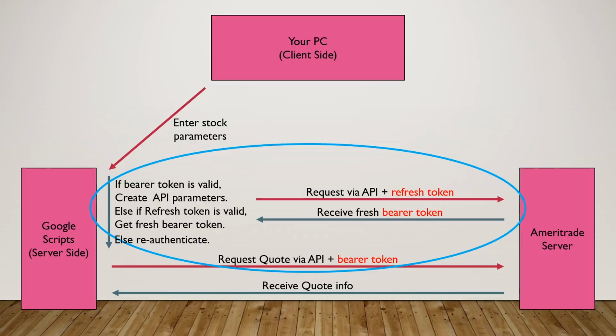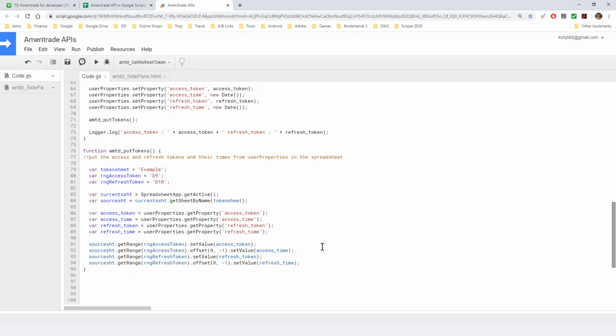All right. So we're back in the code, and I just thought I'd put a comment here too. This is actually for debugging, right? So when we display the bearer token and access token in the spreadsheet, that's just so that we can double check the information. But when everything is running smoothly, we don't really need that. So we could comment this function out so that we don't need to write the tokens into the spreadsheet.